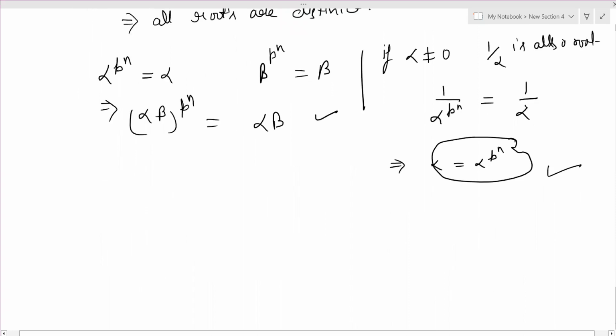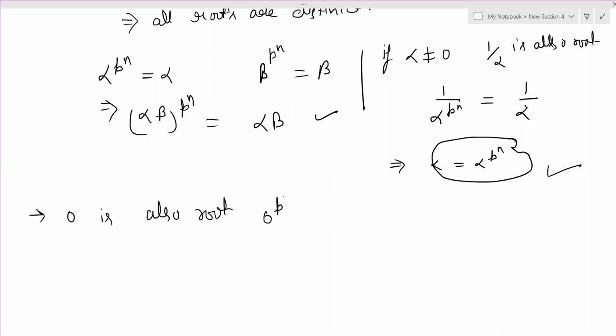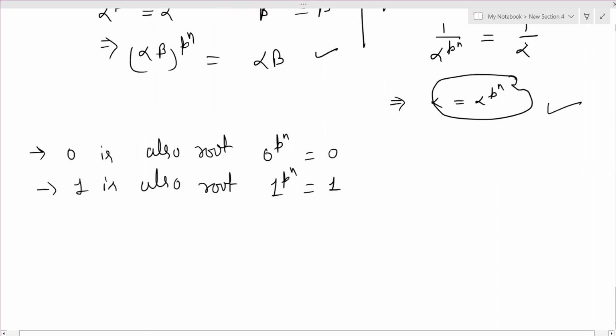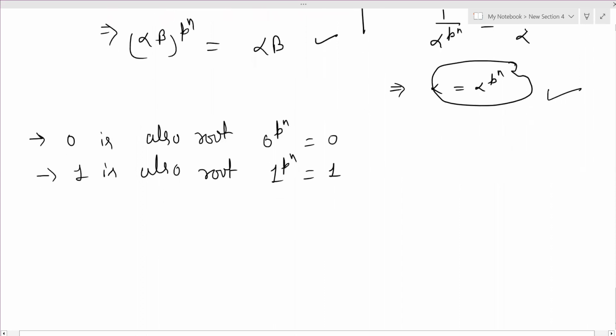For non-zero alpha, what else do you need to check? 0 is also a root, because 0 p to the power n is equal to 0. 1 is also a root, because 1 p to the power n is equal to 1, right? And what do you need to check?